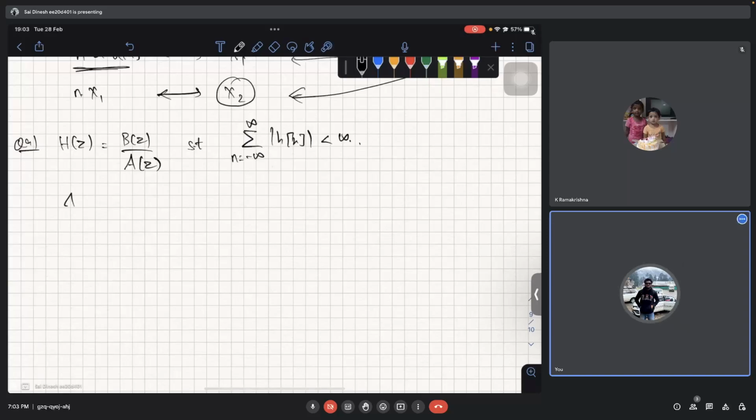Furthermore, all roots of A of z lie inside the unit circle.